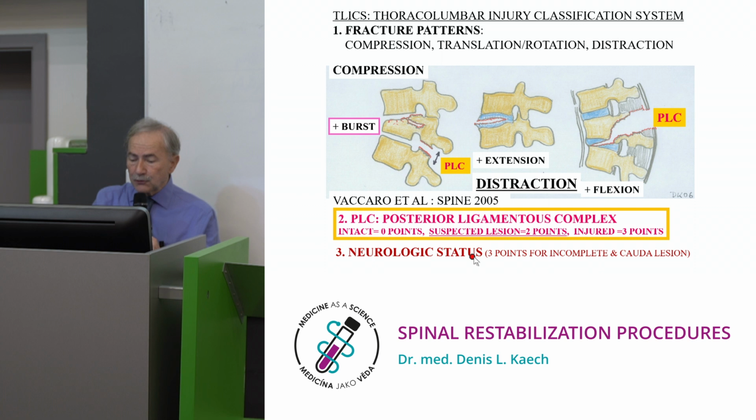And the more you have neurological problems, the more points you add. So you can examine the compression fracture, extension fracture, distraction, but the important thing is to know the posterior ligament complex: supraspinous, interspinous ligaments, joint capsule, ligamentum flavum, posterior longitudinal ligament. Is this disrupted or not?